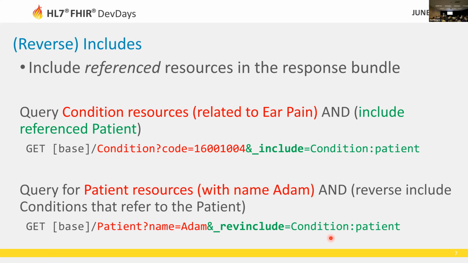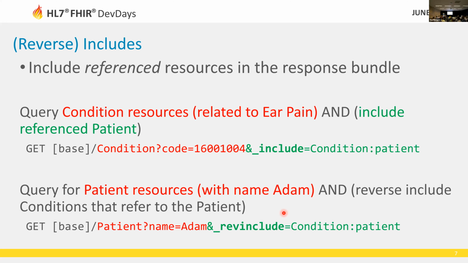We are also interested in seeing the Patient resource in the response. So to do that, we have this special syntax called _include. We'll do something like, give me all the conditions where code equals ear pain and include the Patient resource as well in the response. So this will also include the Patient resource in the response.